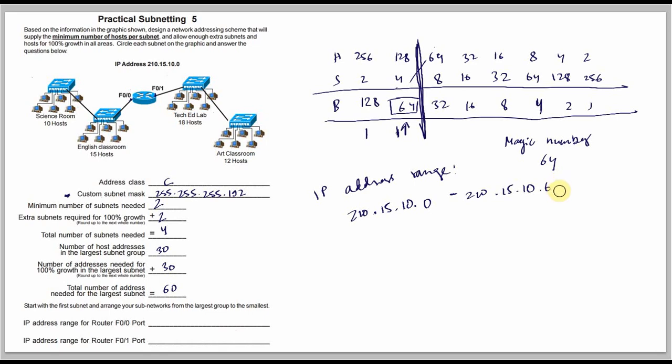We have to subtract 1 from it, so there's only 63 usable IP addresses. So for port F0/0, that would be our IP range.